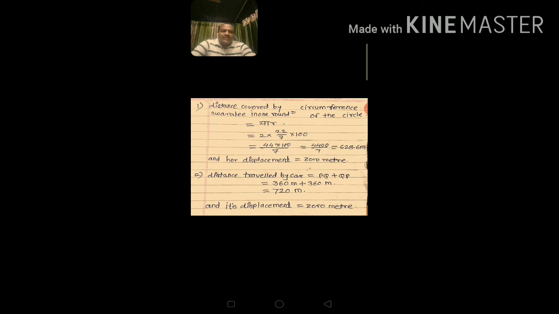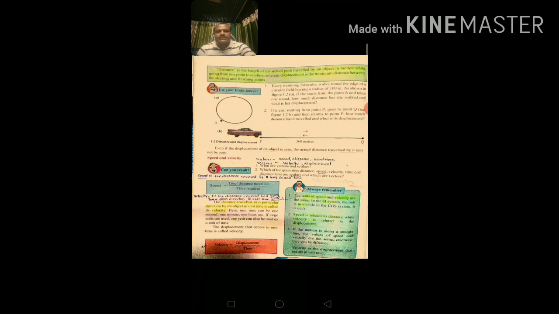All of you understand here, the distance is one round covered, about a 100 meter radius, and according to geometry the circumference is 2 pi r, giving 628.6 meters. Then the second activity.